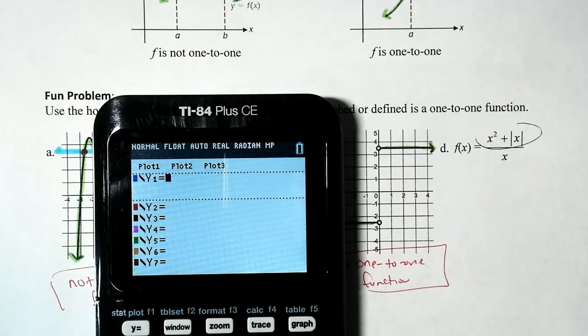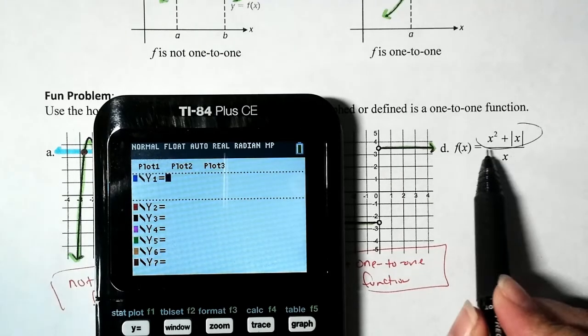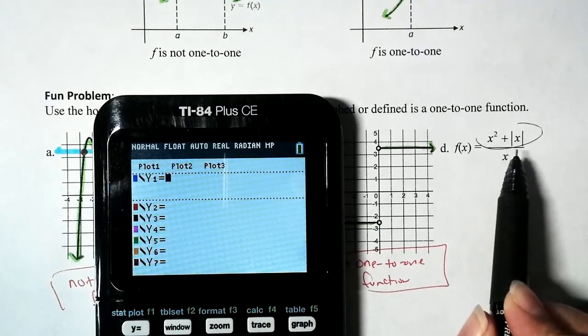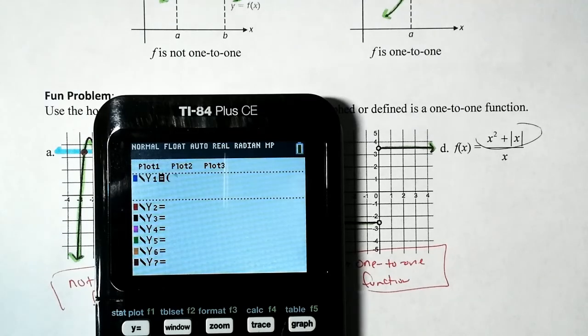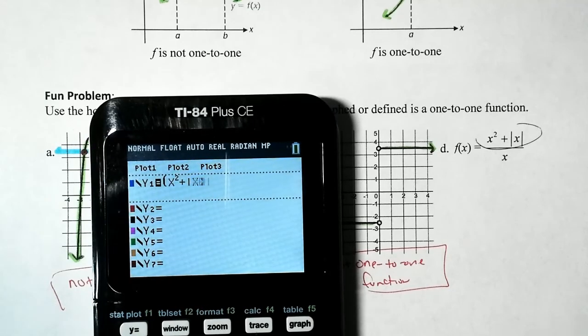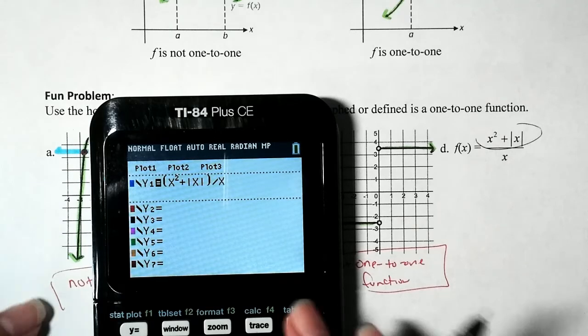If not, you can just clear it. Because we have more than one term in the numerator, we're going to have to wrap it up. So open parentheses, x squared plus absolute value of x, close the grouping symbol, my mistake, close the numerator, and then we can safely divide it by x.